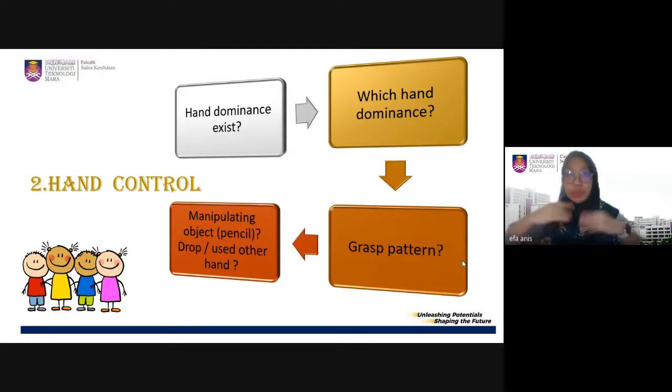Macam tu, there's the signs of dia punya preparedness untuk menulis. And the last one kita nak tengok jugalah dia manipulating object, sama ada task yang dia kena changing hand, ada task yang kena padam, so macam mana dia buat, how he acts throughout the task.